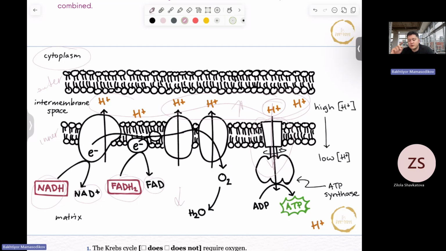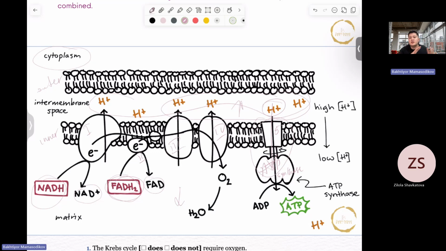This is also important: FADH2 gives them to the second complex. This is the third complex, this is the fourth complex, and this is the fifth complex, which is ATP synthase.